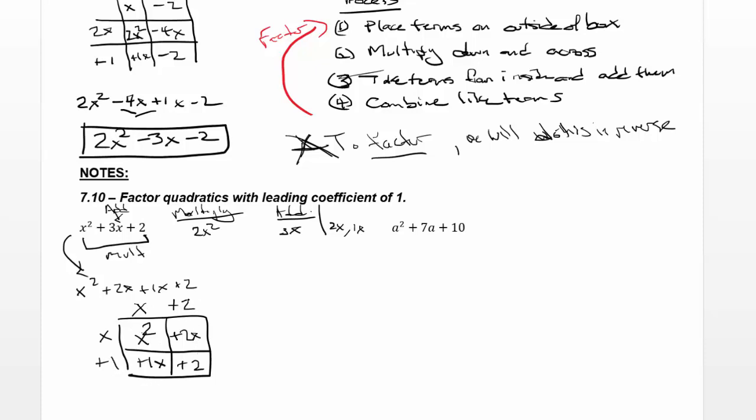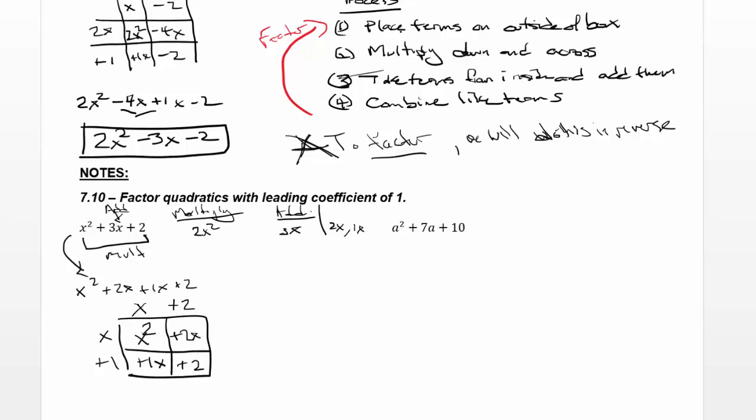To check that I did this right, I'm going to make sure that what I filled in makes the answers inside this box. x times x is x squared, x times positive 2 is plus 2x, plus 1 times x is positive 1x, positive 1 times positive 2 is positive 2. So lastly, how does this original polynomial factor?